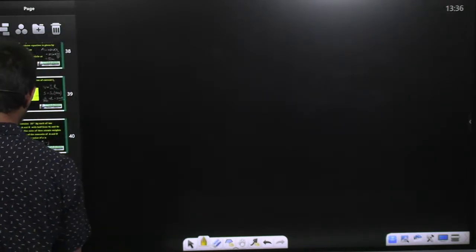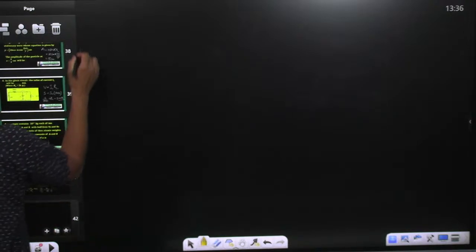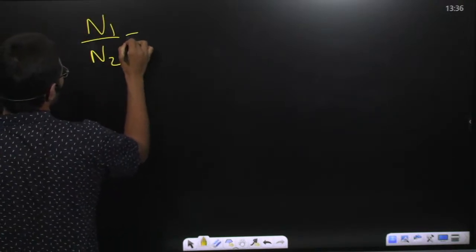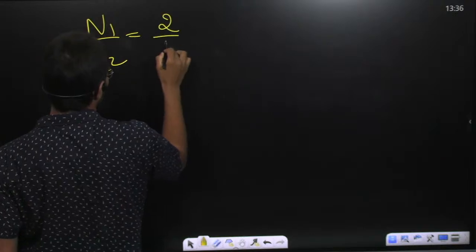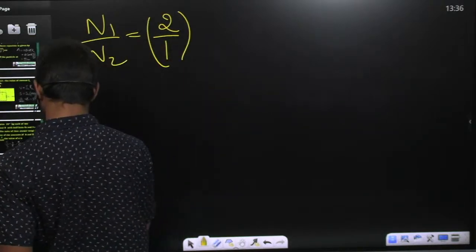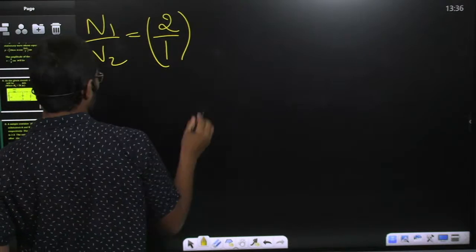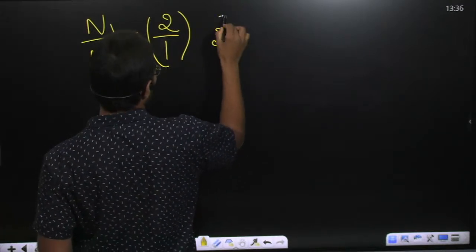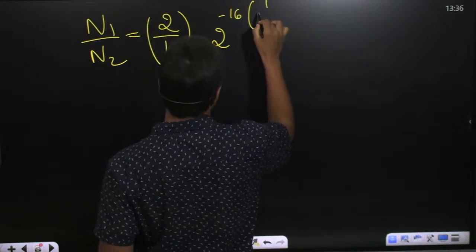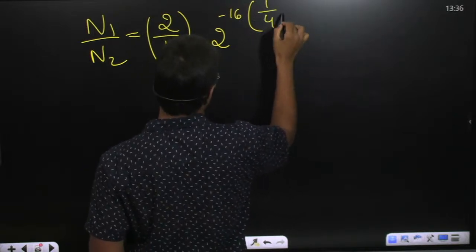The question being asked is the ratio of the amounts N1 by N2. N1 by N2 is equal to 2 into 2 power minus 16 after time 16 seconds, 1 by 4 minus 1 by 8.